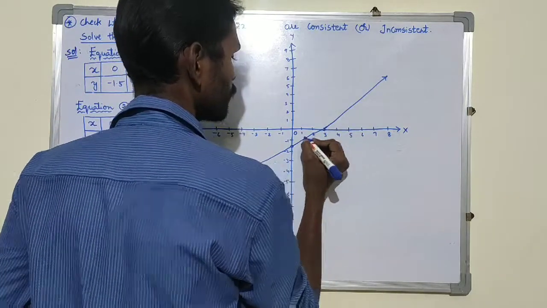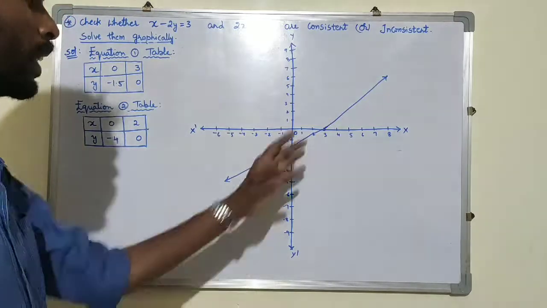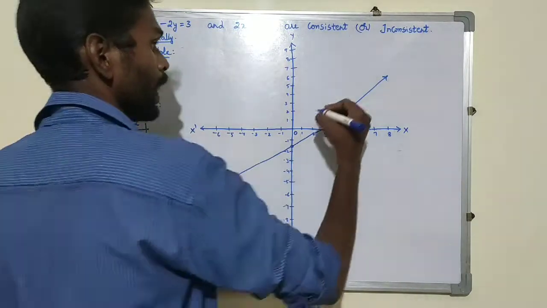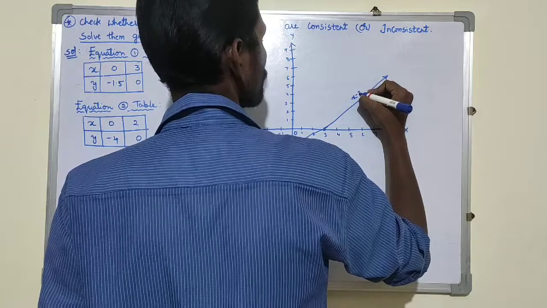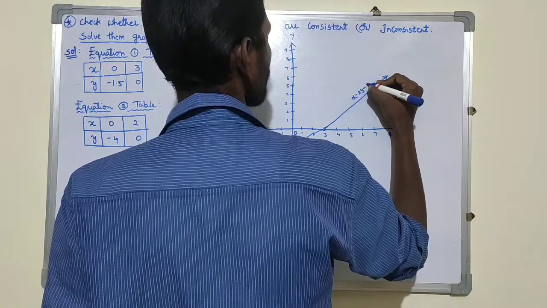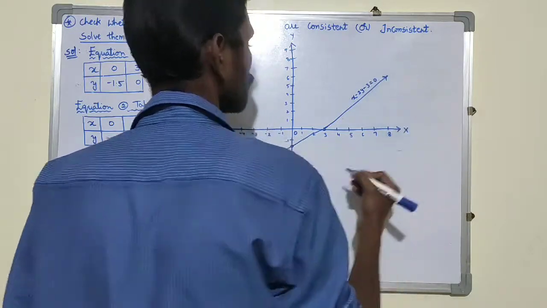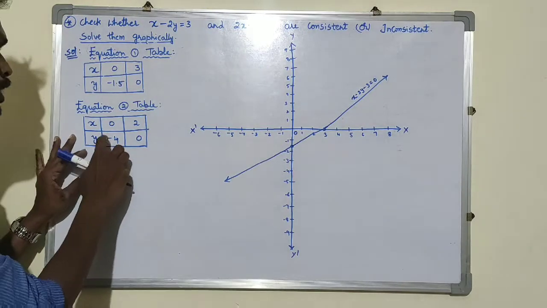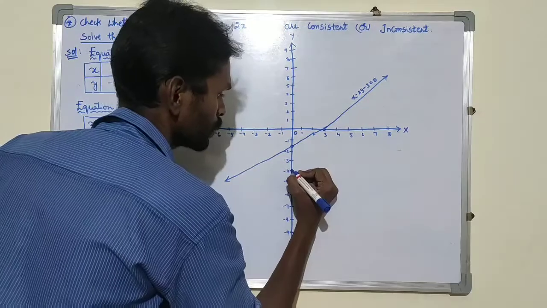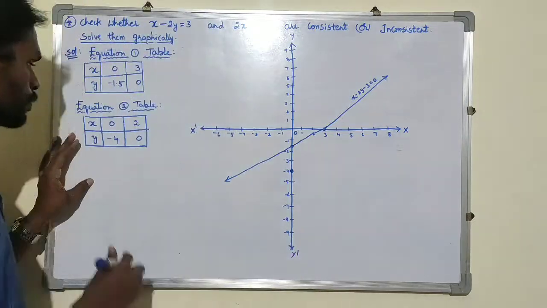So I'll get a line like this. After getting this line, write the name of the equation here: x minus 2y minus 3 equal to 0. This is equation 1. Similarly, now see, what is the value on the y axis? Minus 4. Take. Next.